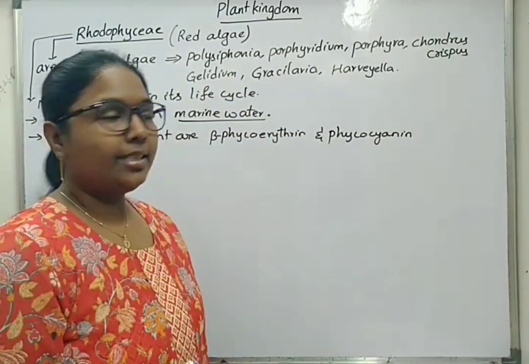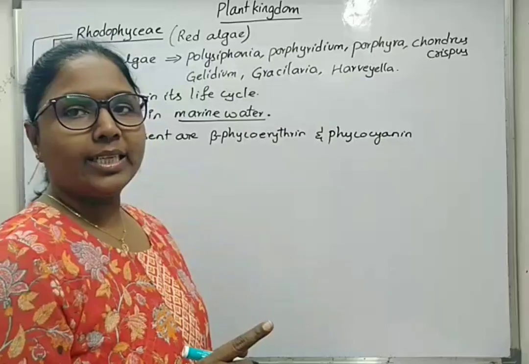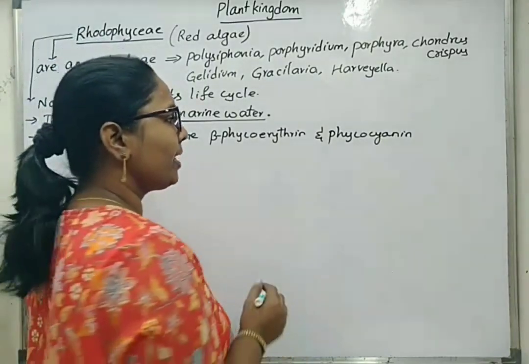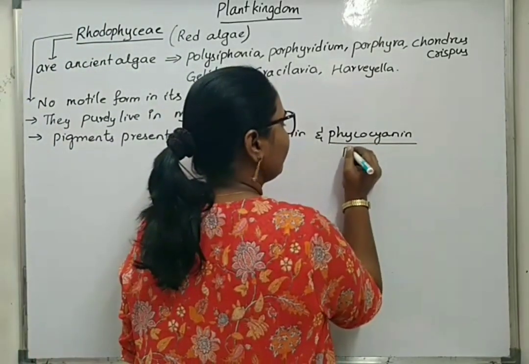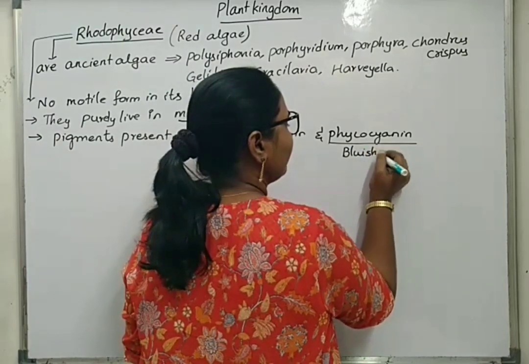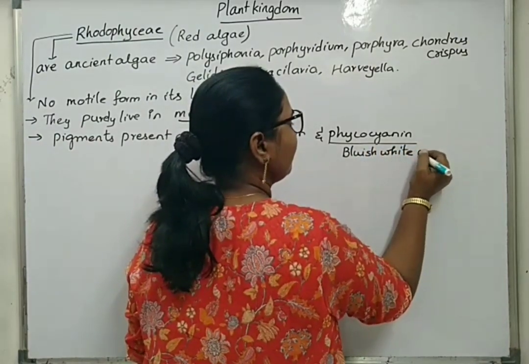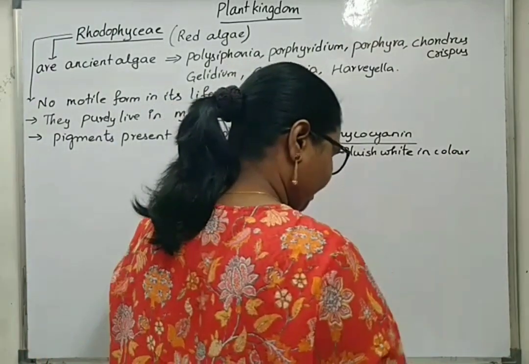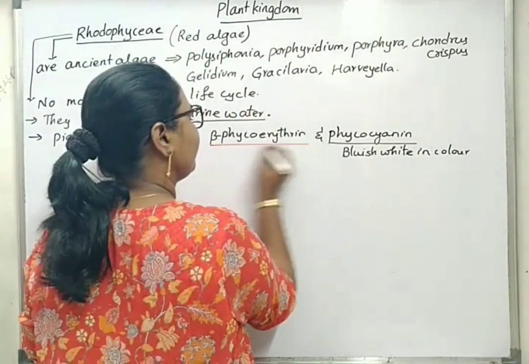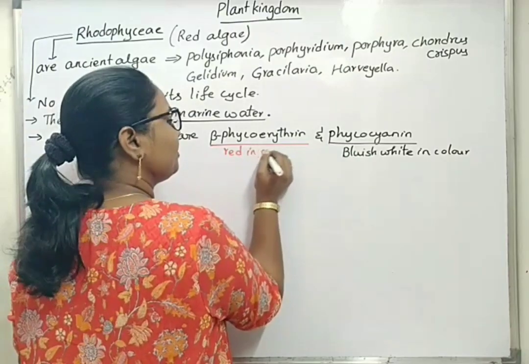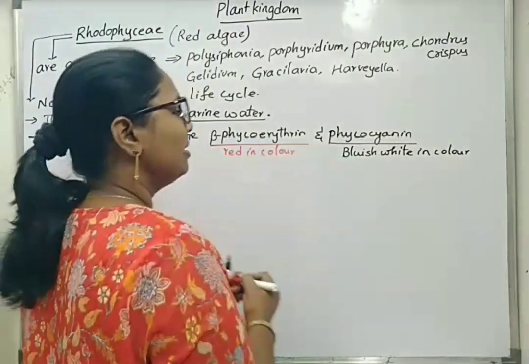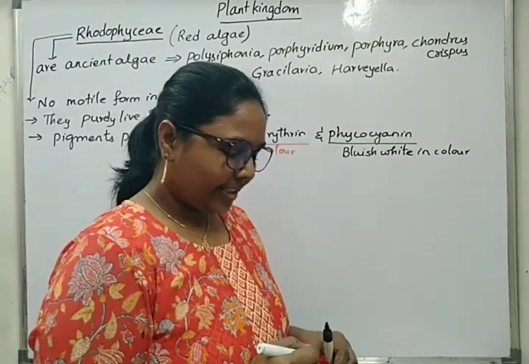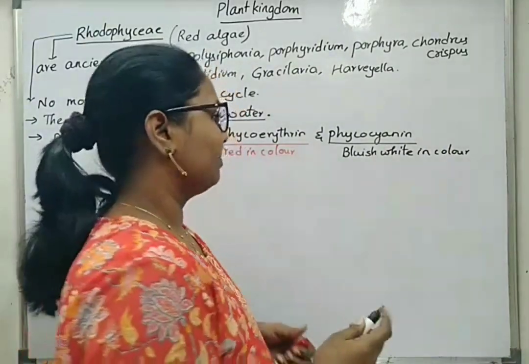Phycoerythrin is red in color. Phycocyanin is bluish white in color because of the presence of copper ions. The phycocyanin containing red alga is Batrachospermum. All the remaining types of algae are exceptions.